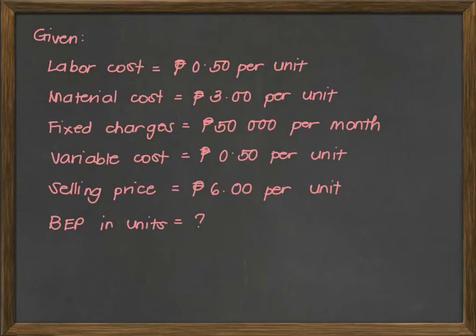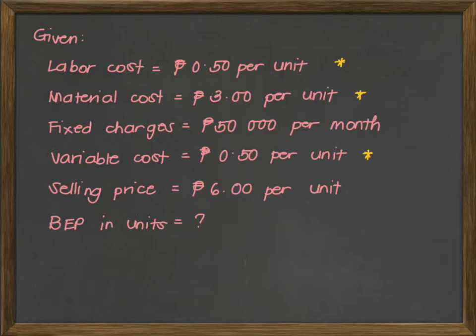Now, take note that we have multiple costs here, but we can get the total cost based on the category of our cost. Labor cost, material cost, and variable cost are all the same. So, they are all variable costs, because labor and material are costs you spend to produce the product, and they depend on the number of units we produce.